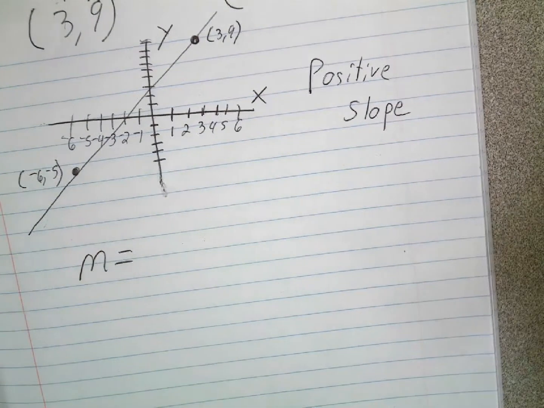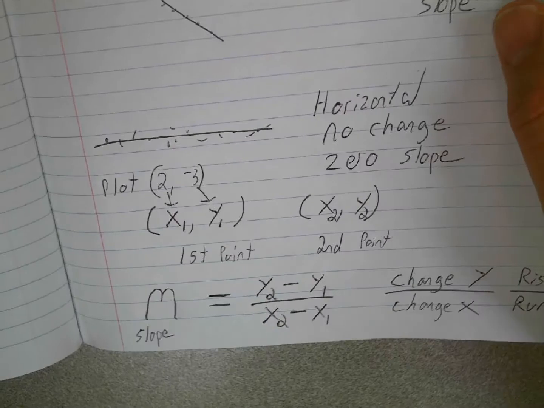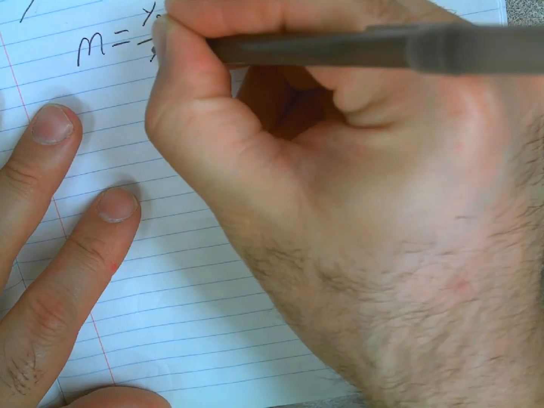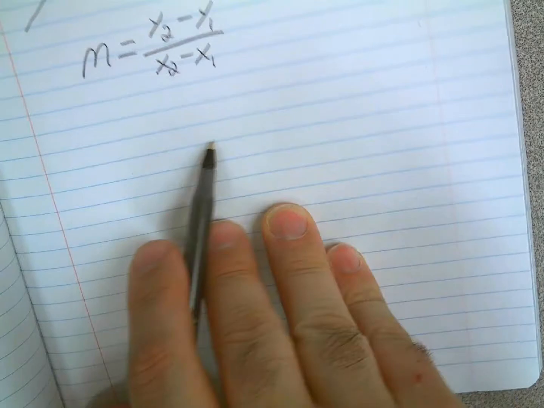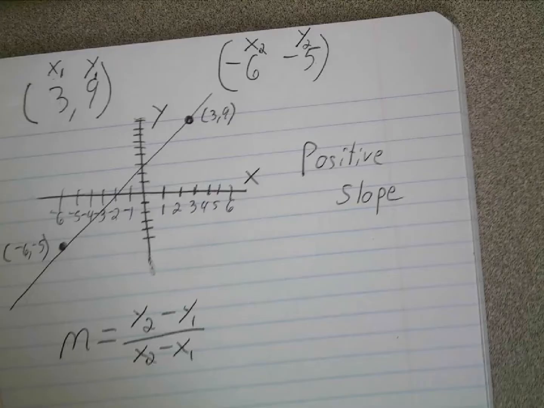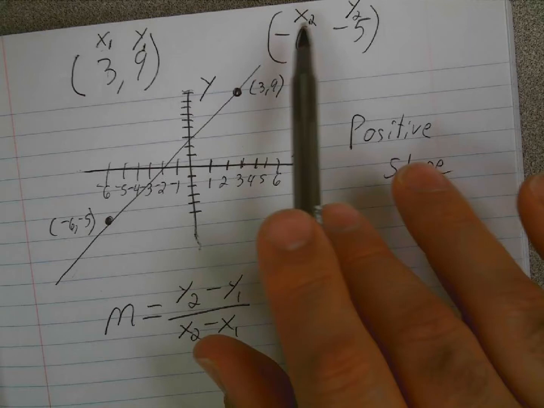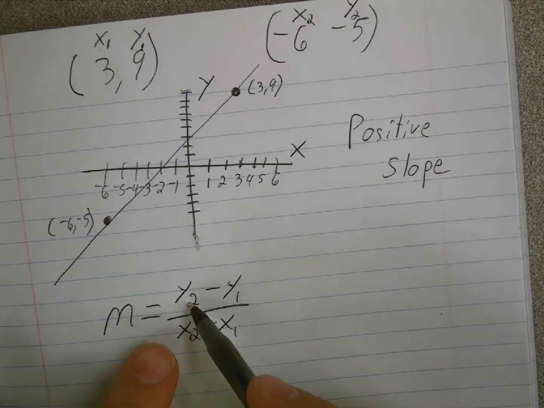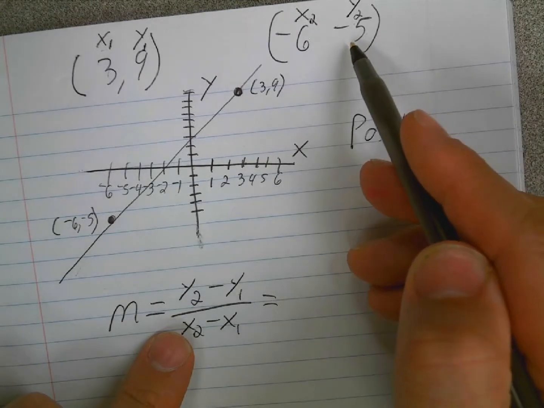So now let's go ahead and practice using that formula down here that we used with these 2 points. So I'm going to write it again, because writing it again will help us remember it for the future, right? So there's my formula for the 2 points. And we labeled them x1, y1, x2, y2. So let's just substitute it in. So what's my y2? -5, right?